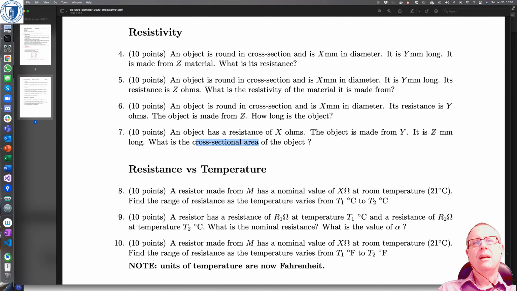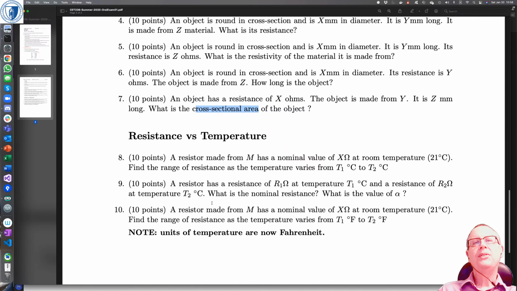And then this is the sort of question that I might ask for the resistance versus temperature, right? Nominal value at room temperature, and temperature varies from T1 to T2. Find the range. What's the nominal resistance? What's the value of alpha?